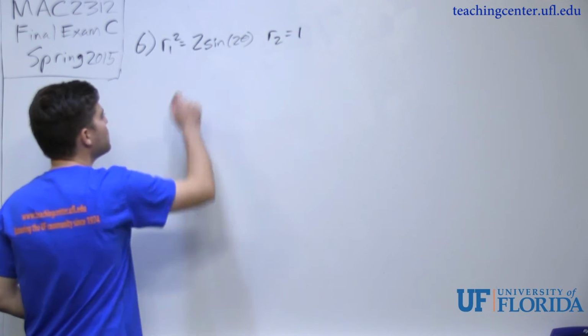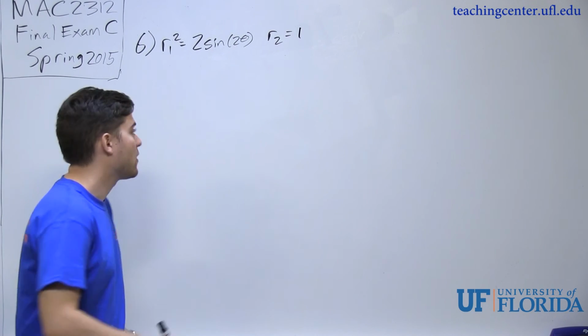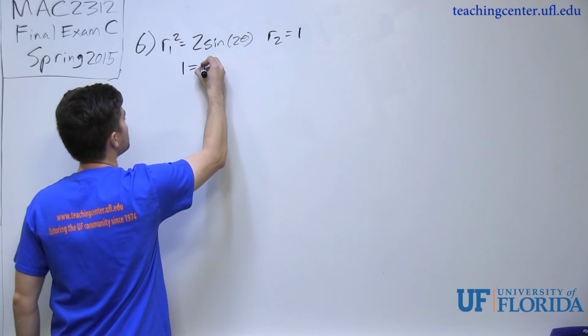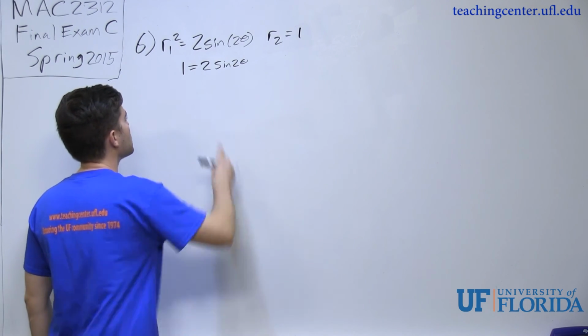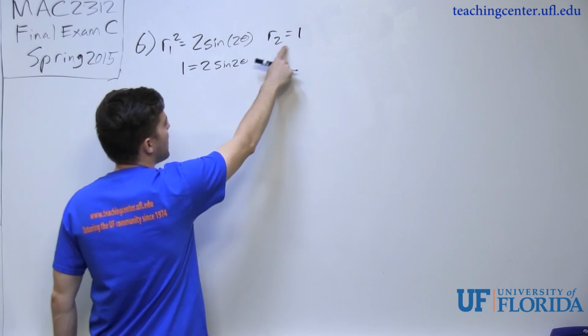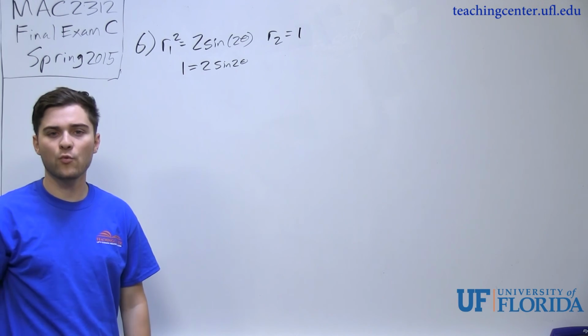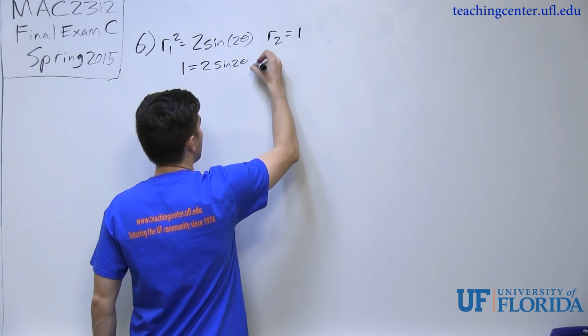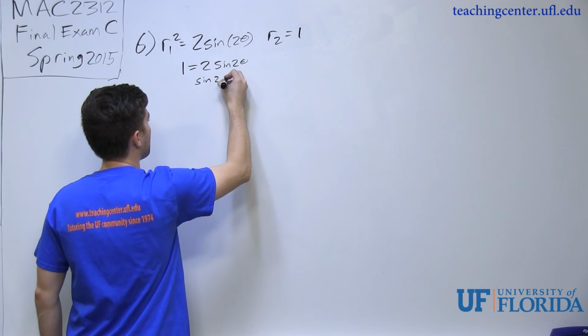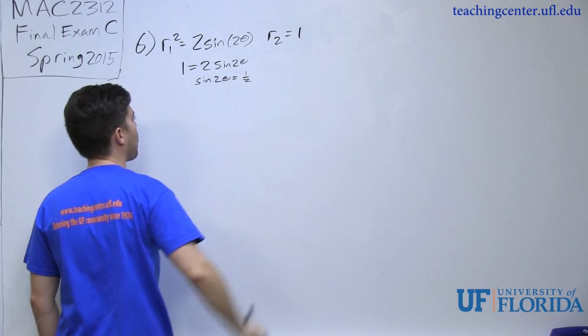So the first thing I'm going to do is set these two equal to one another. 1 equals 2 sine of 2 theta. Again, this is r squared, but if I just square the other radius, I end up getting 1 anyway. So this tells me that sine 2 theta is equal to 1/2.